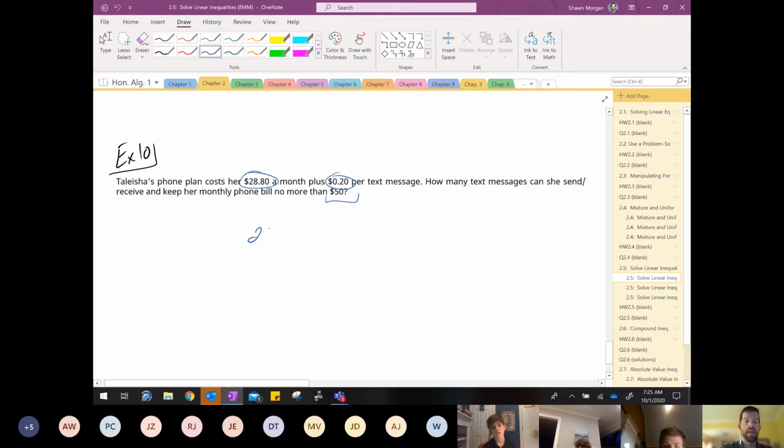So how about we say 28.80 right out the gate is how much she has to pay plus 20 cents per text. And therefore I'm going to say let x equal the number of texts that she sends. And that has to be no more than $50, so I'm going to say less than or equal to 50. All right, not too bad there.